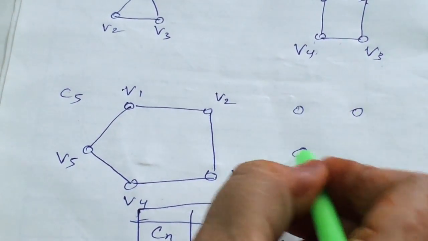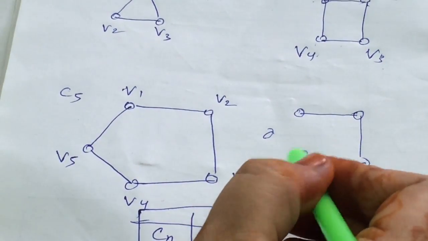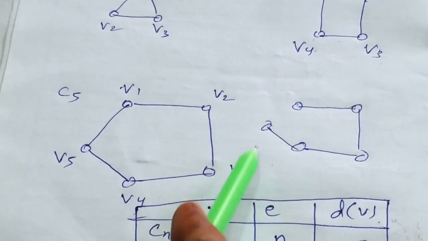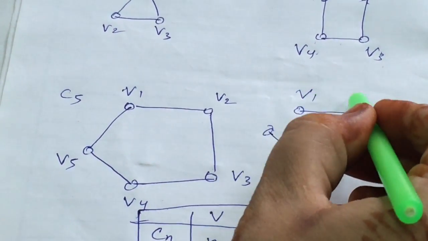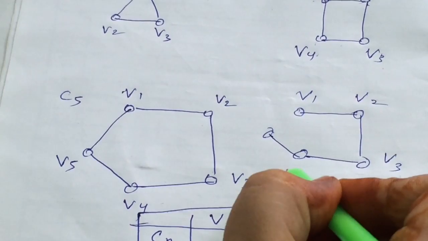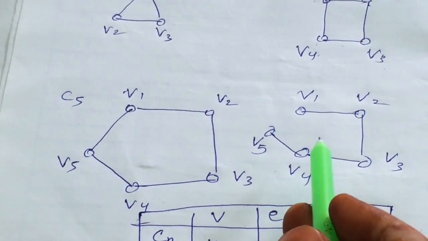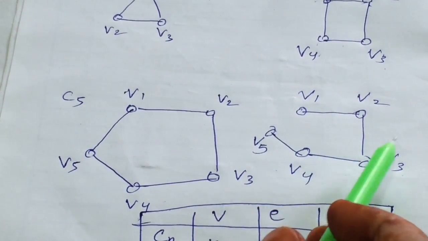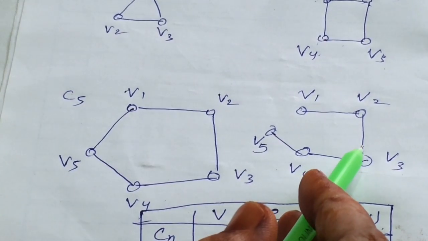So it will become like this. It is not a cycle graph now, it has become a tree. And now if we try to add one edge to this graph, but we don't know where we have to add, it is not necessary that the graph will become a cycle.